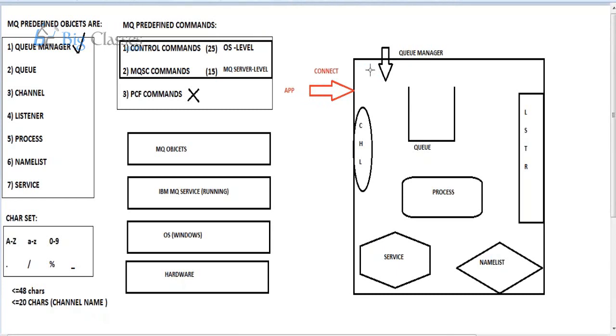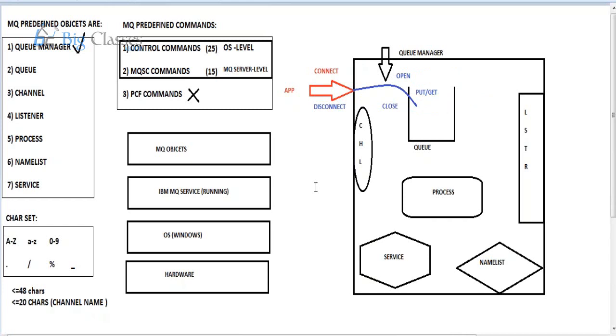Queue is a file. Application must open that file to write the data. So open the queue, perform either put or get. After that, close the queue, disconnect from queue manager. In this sequence, applications execute operations on MQ server.